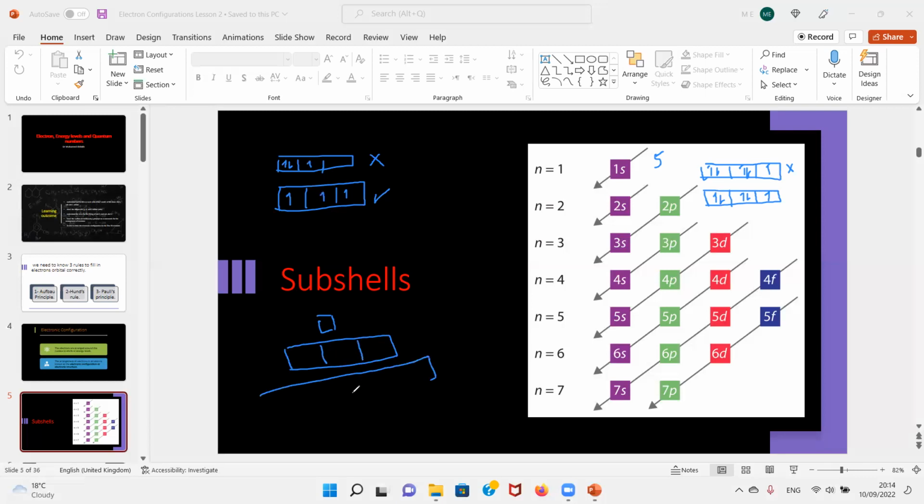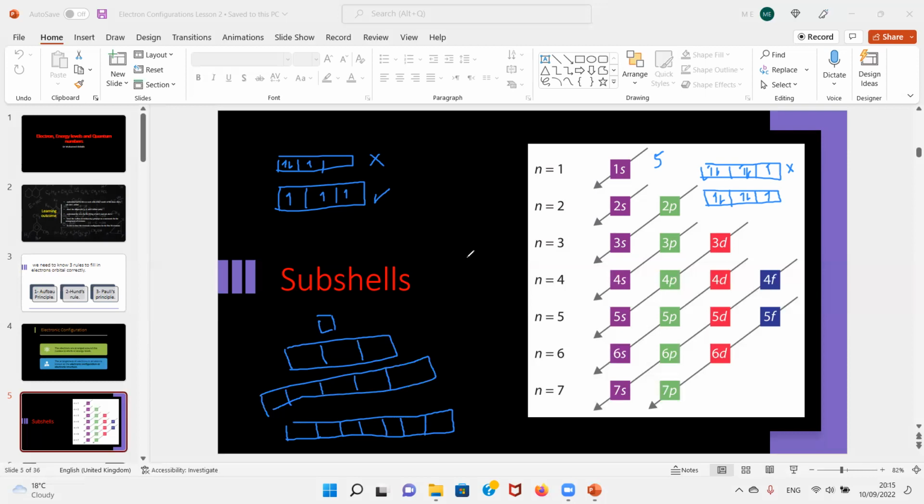And the D is represented by 5 boxes, 1, 2, 3, 4, 5, and each box can take 2 maximum. And then the F can be divided into 7 boxes, 1, 2, 3, 4, 5, 6, and 7, and each of these can take a maximum of 2.